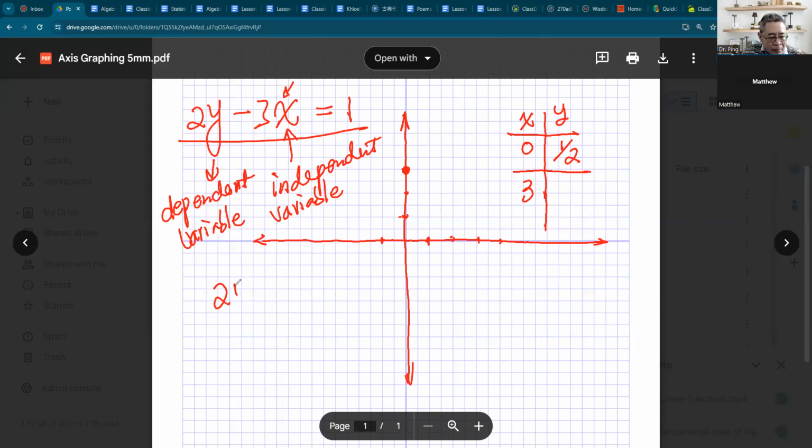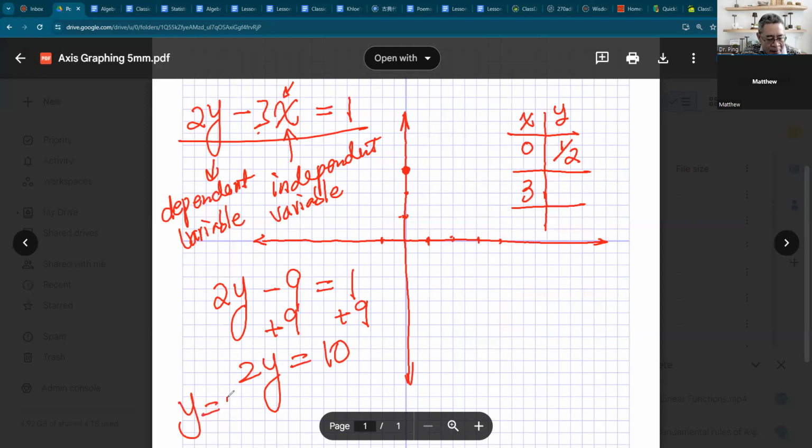Then 2y minus 9 equals 1, right? 3 times 3 is 9. Now we add 9 on both sides. Then 2y equals 10. Then y is 5, right? Are we good here?